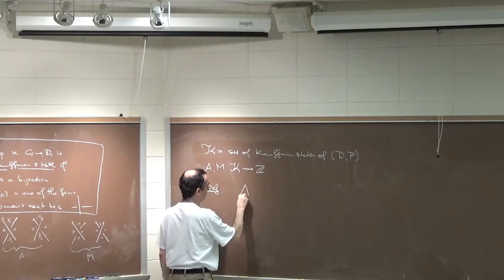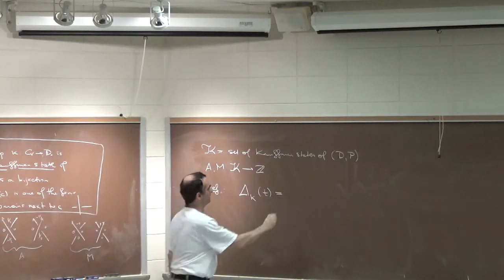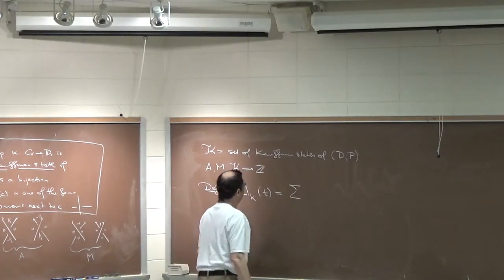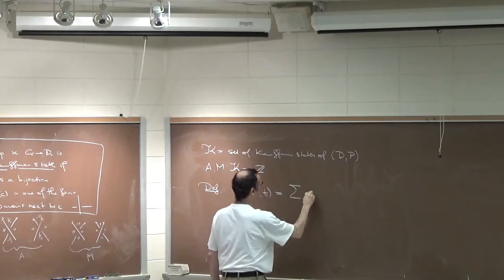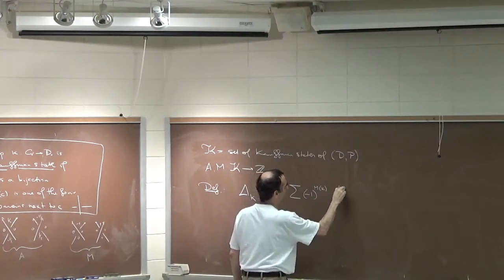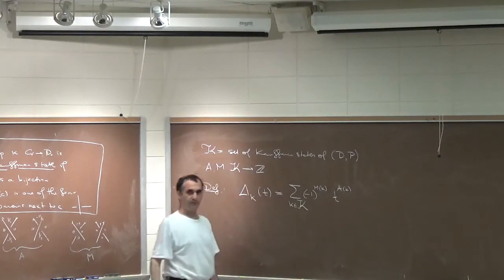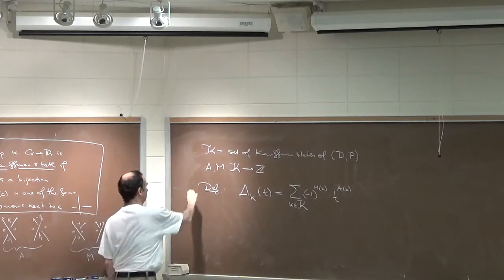We just take Delta of K at t to be the sum of minus 1 to the M of kappa times t to the A of kappa, where kappa is a Kauffman state. Okay, so that's the definition.